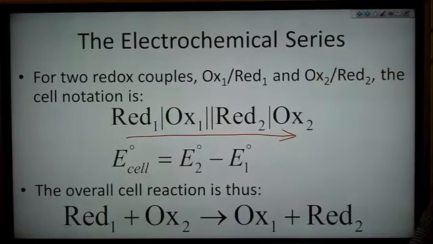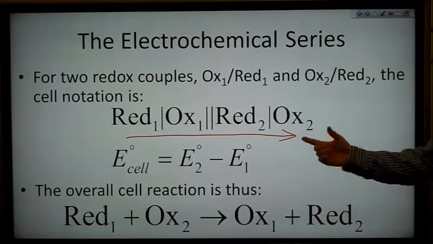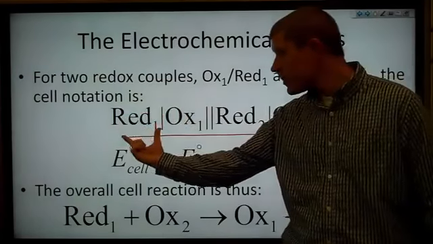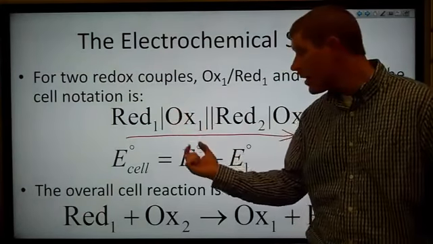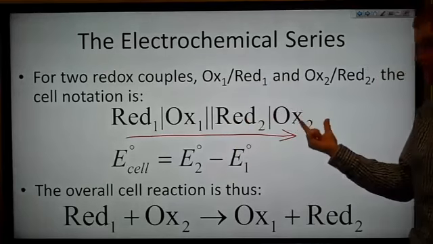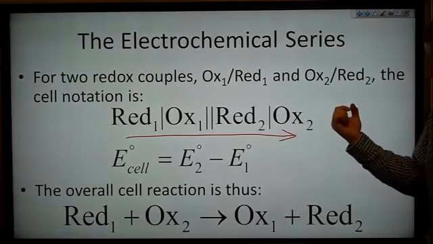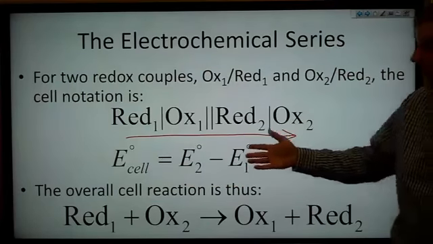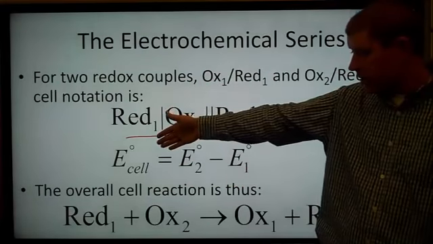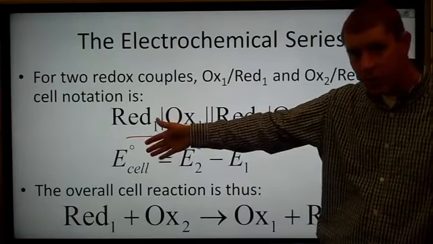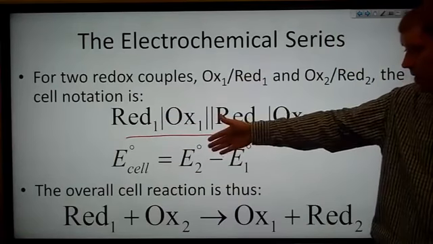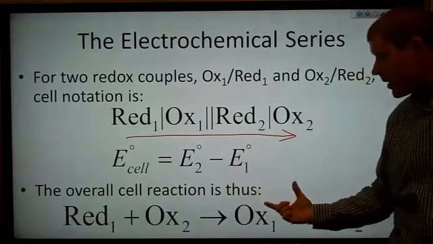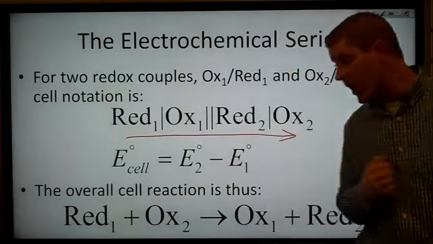So that means that we're going from our reduced species to the oxidized species here, and we're going from our reduced species to the oxidized species there. So, in this case, now our standard cell potential is equal to the standard potential for this part of the reaction minus the standard potential for that part of the reaction.